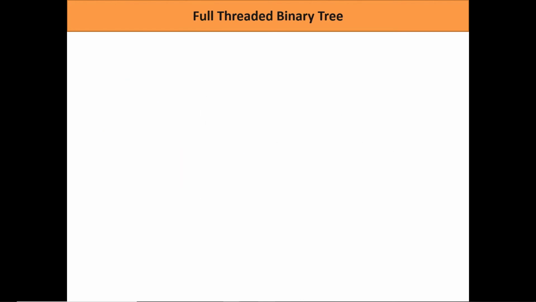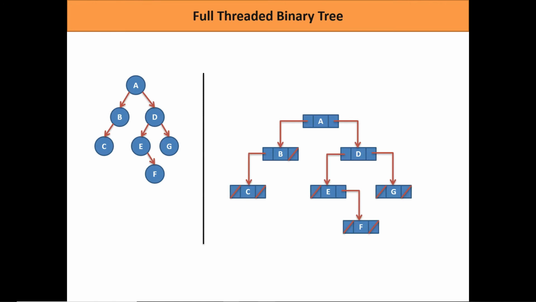Now next is full threaded binary tree. For this, the binary tree is already given over here, and the link representation of binary tree is given, and now we have to find the in-order traversal of this tree, that is C, B, A, E, F, D and G. So now from this we have to find the full threaded binary tree.